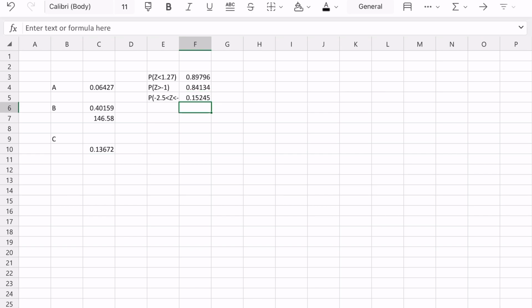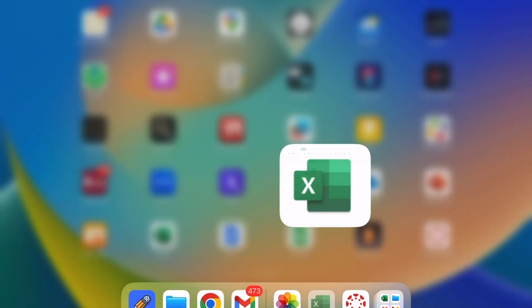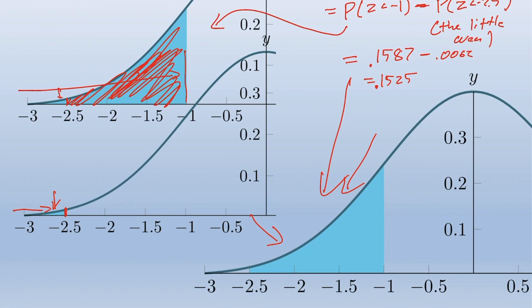Okay, enter. All right, and there it is, 0.1525. So either way, we get that value there.